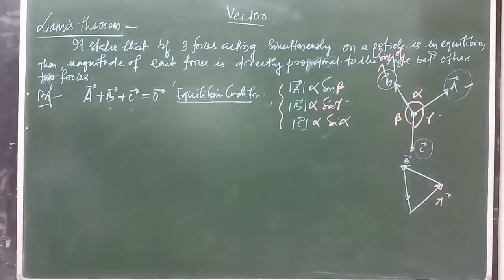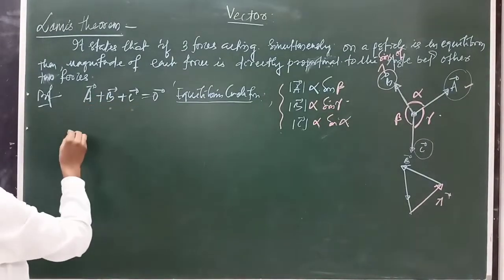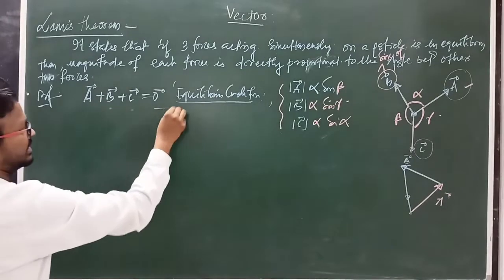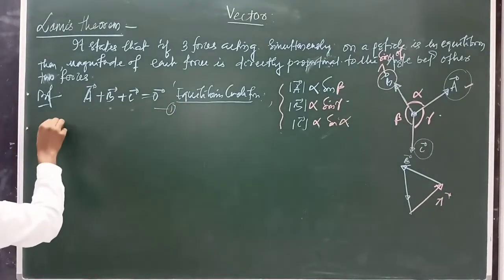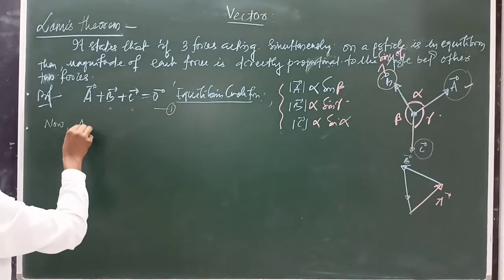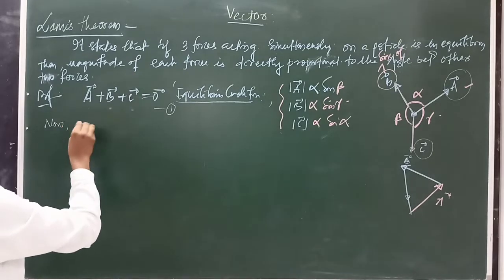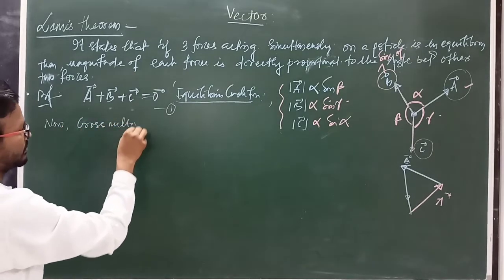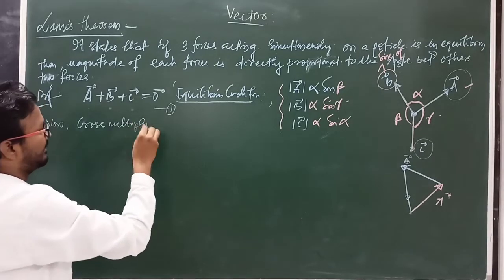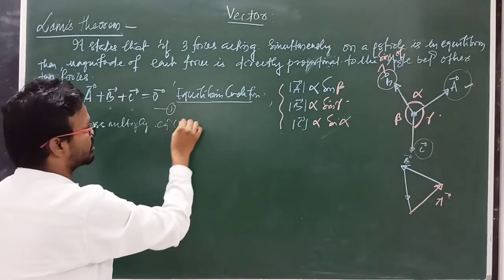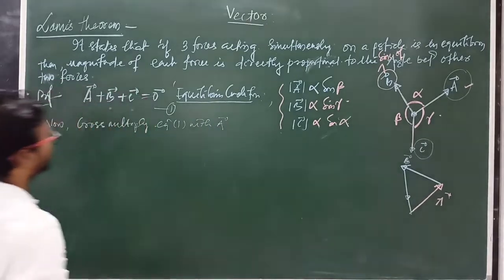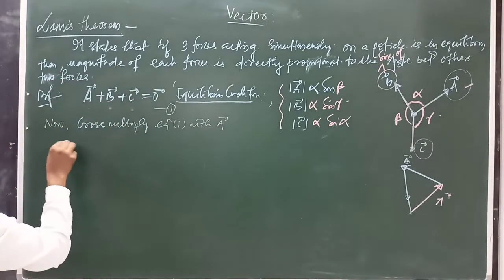Clear? Now this vector I am writing here, this is equation number 1. Now cross multiply equation 1 with A vector.